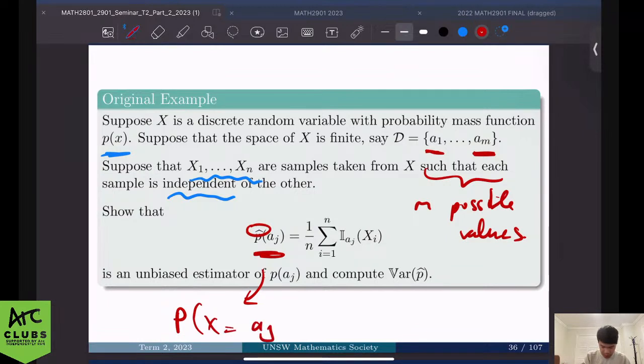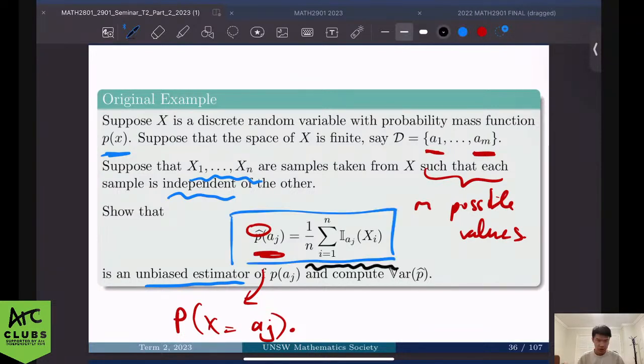Okay, so we're trying to estimate this, and the first thing they want us to do is show it's an unbiased estimator. Whenever you're trying to show that, you need to compute the bias, which means you just take the expectation of the estimator. In this case, you've got this thing on the right: the estimator is 1/n times the sum of this expression.